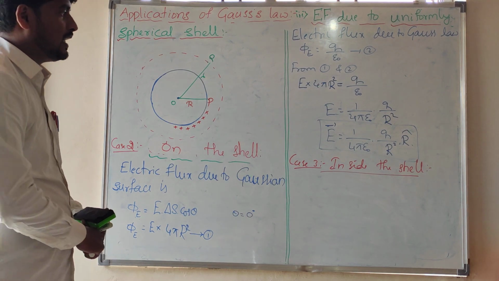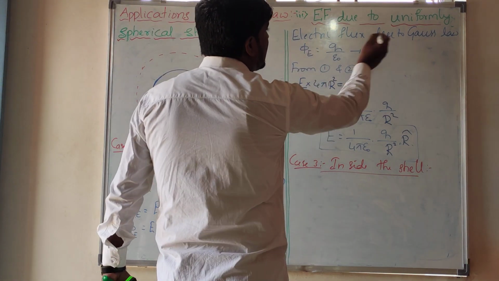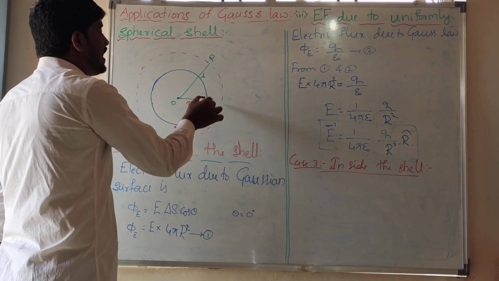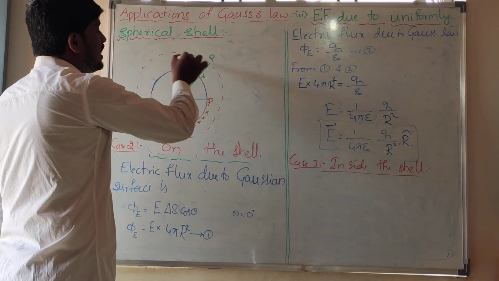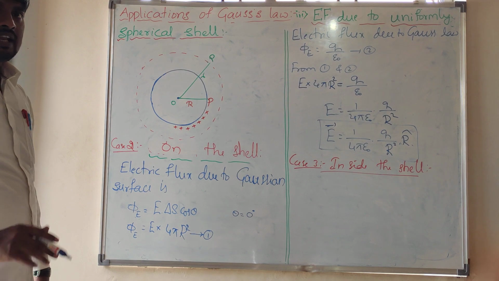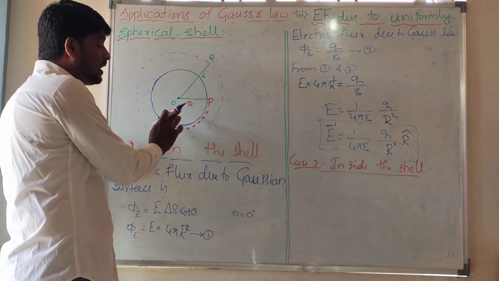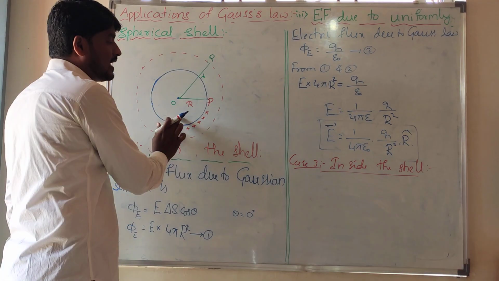But a problem comes here when we write the electric flux equation. The charges accumulate only on the surface of the sphere or any body, but not inside the body. The electric charges accumulate only on the surface, not inside.